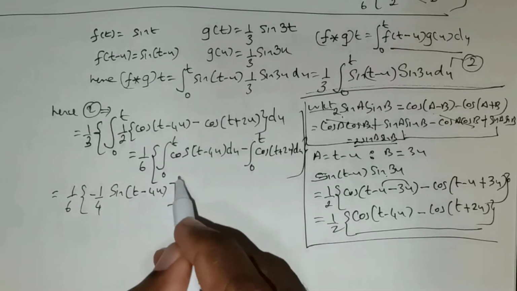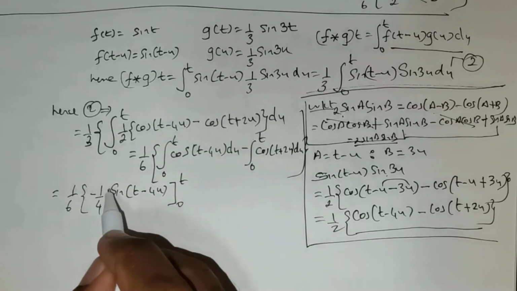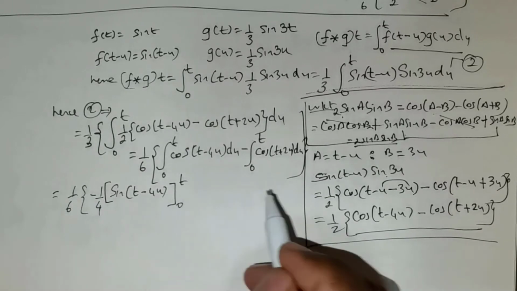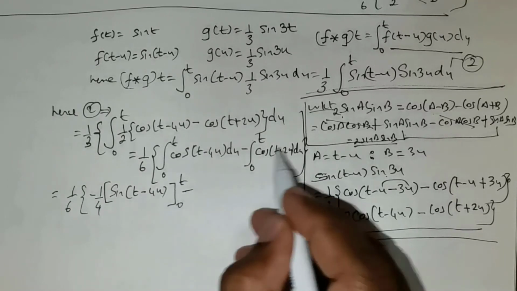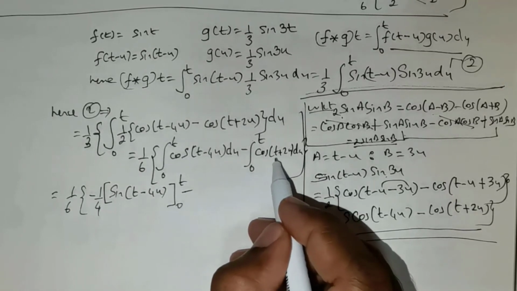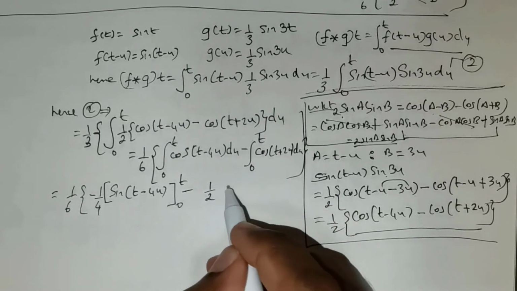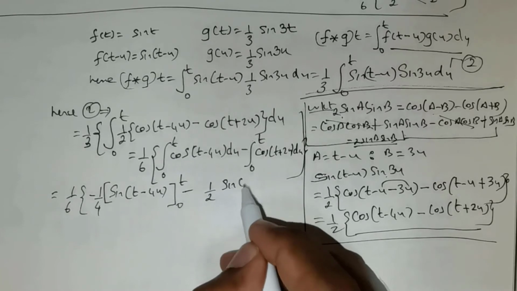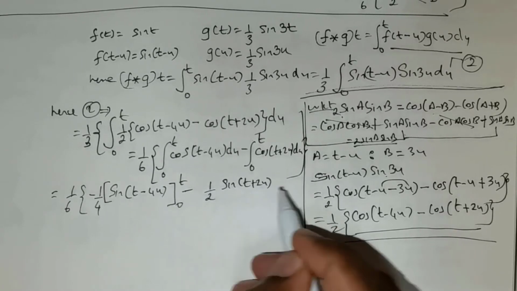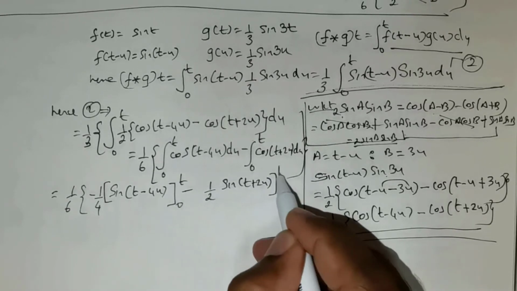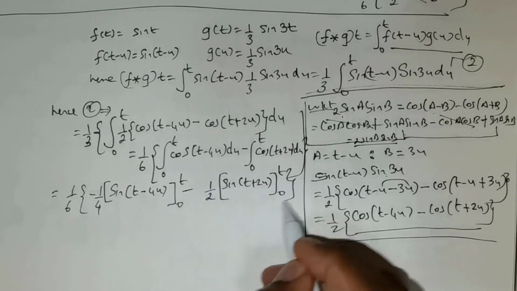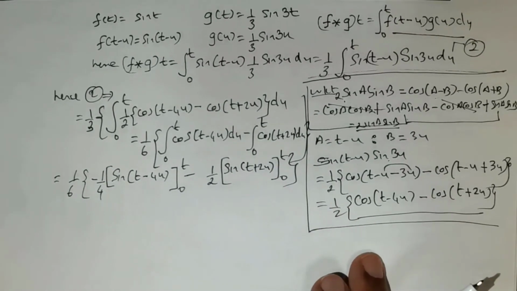But the limits are 0 to t, so you can substitute that. Followed by negative, I need to integrate cos of t plus 2u. That's going to give me 1 over 2 times sine of t plus 2u. The limits are 0 to t. So that's it. Fair enough.